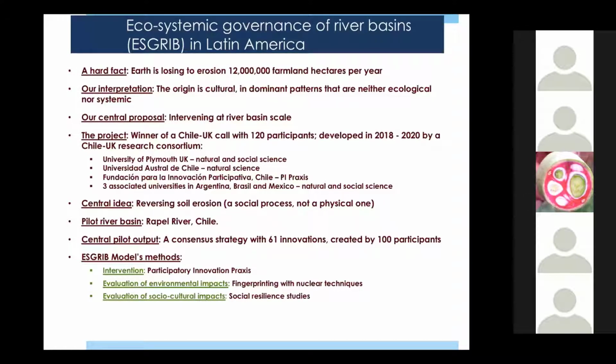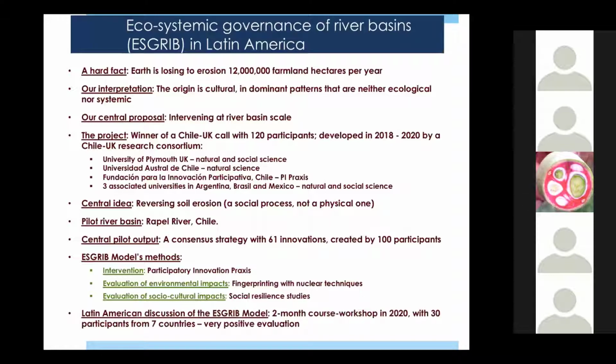A researcher at the University of Plymouth is building, on the basis of the participatory processes, instruments for measurement of this. And we did a Latin American discussion of the model through a 2-month course workshop in 2020, 30 participants from 7 countries, and we got a very positive evaluation there.